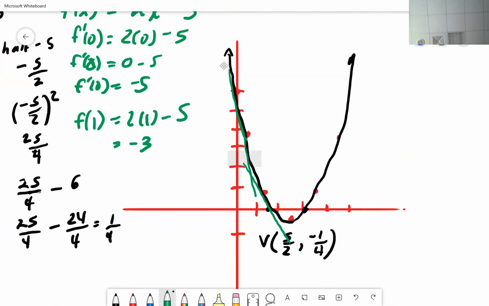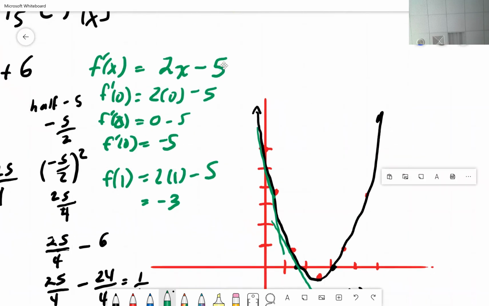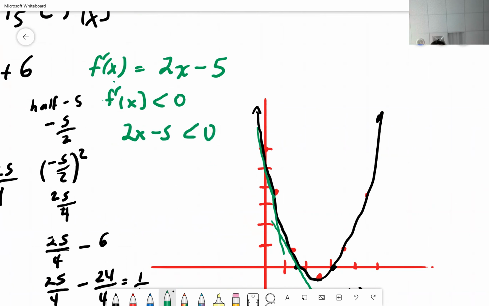So if I were to solve this, I would say, when is f prime of x less than 0? You have 2x minus 5 less than 0, and of course it's going to come out that 2x is less than 5, so x is less than 5/2.